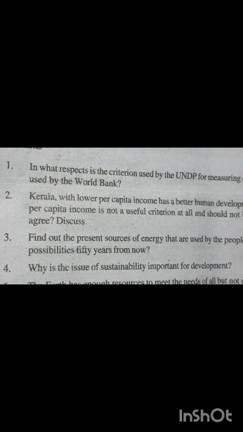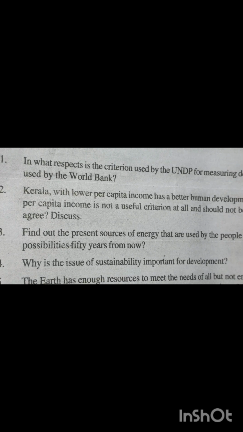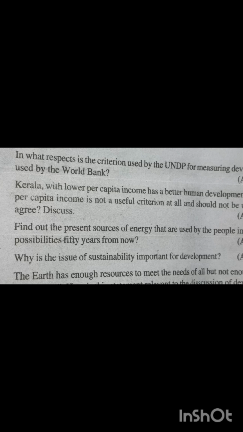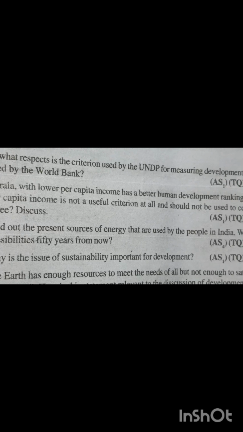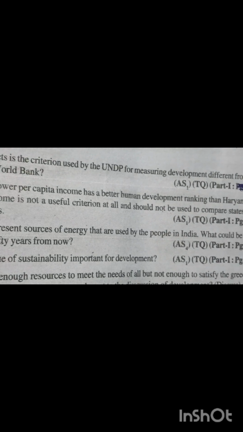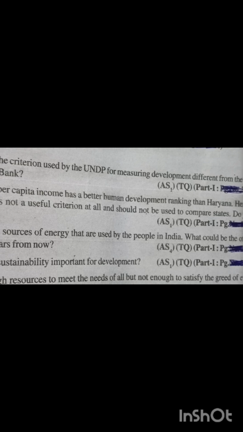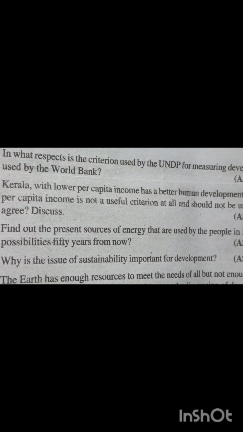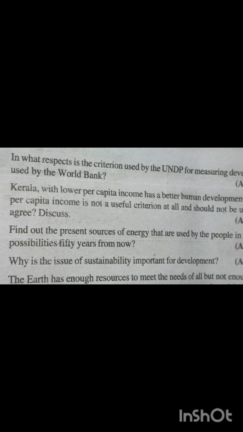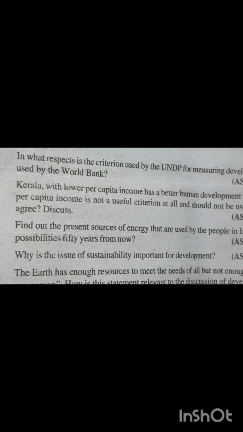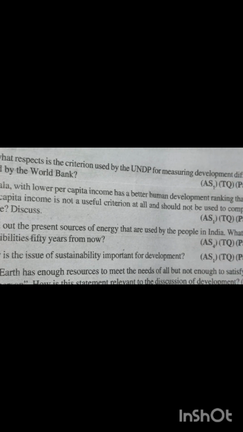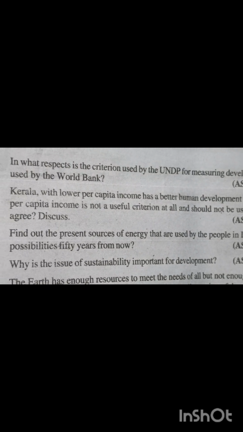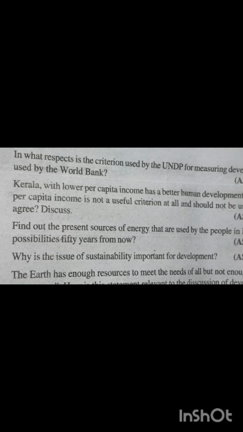Second one, Kerala with lower per capita income has a better human development ranking than Haryana. And Haryana per capita income is not as useful criteria at all and should not be used to compare the states. Do you agree? Discuss.